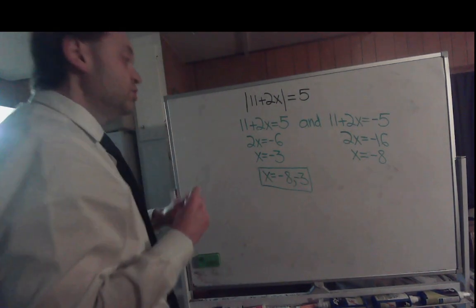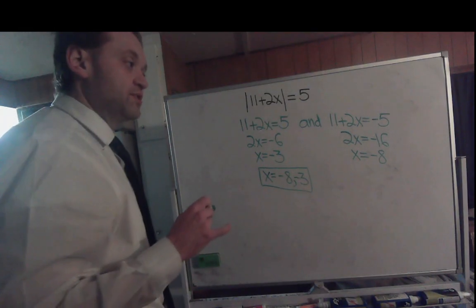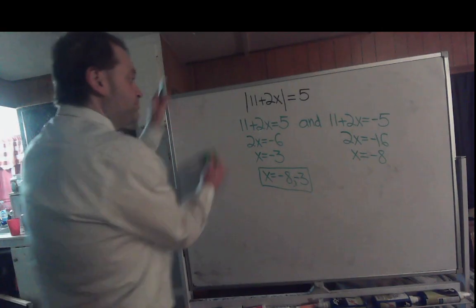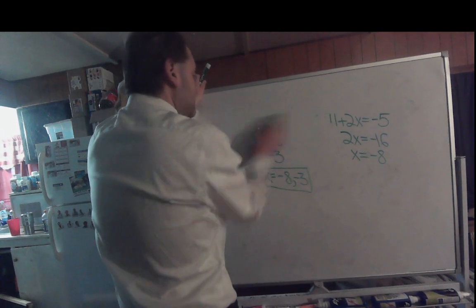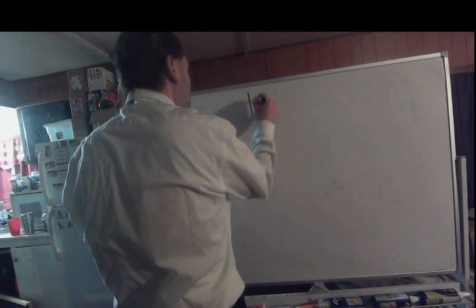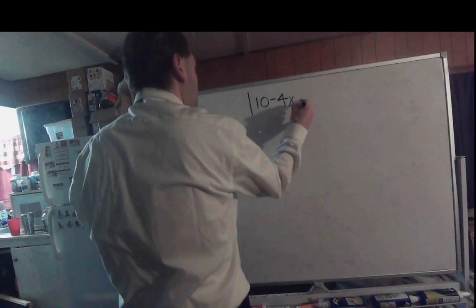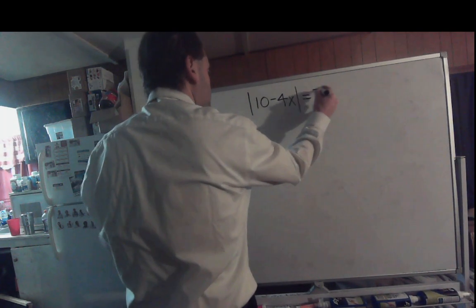So in general, you're going to have two solutions for an absolute value equation. In general, unless it's the absolute value of x equals 0, then x can only equal 0 at that point, but that's the only time you'd really have one solution. Alright, so let's say we have the absolute value of 10 minus 4x is equal to 2.